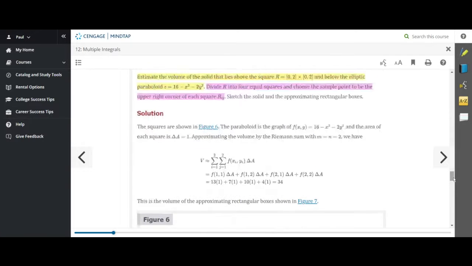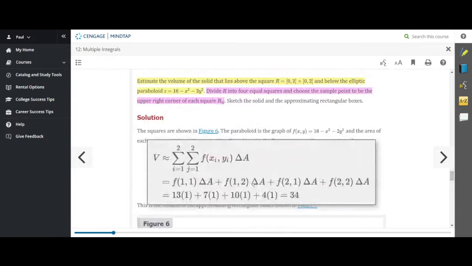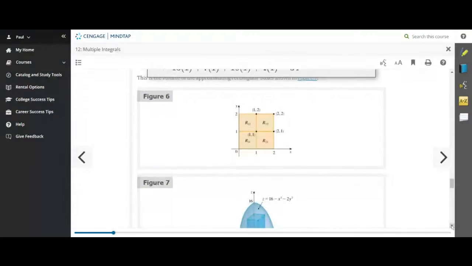Here's how they approximate the volume. Let me go back to the figure.